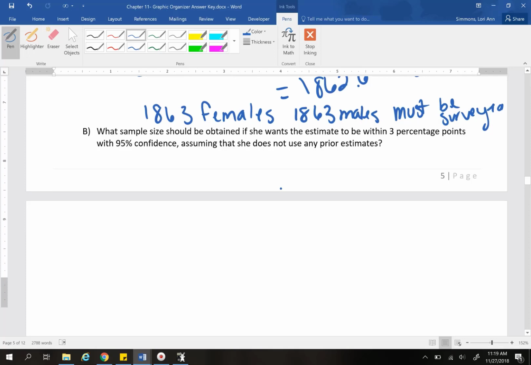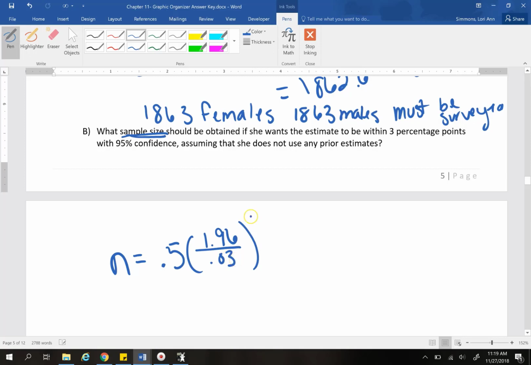And then what sample size should be attained if she wants to estimate to be within 3 percentage points with 95% confidence, assuming that she does not have any prior estimates. Again, it says what sample size, so that says you're looking for n, 0.5. Your z sub alpha divided by 2 is again 1.96.